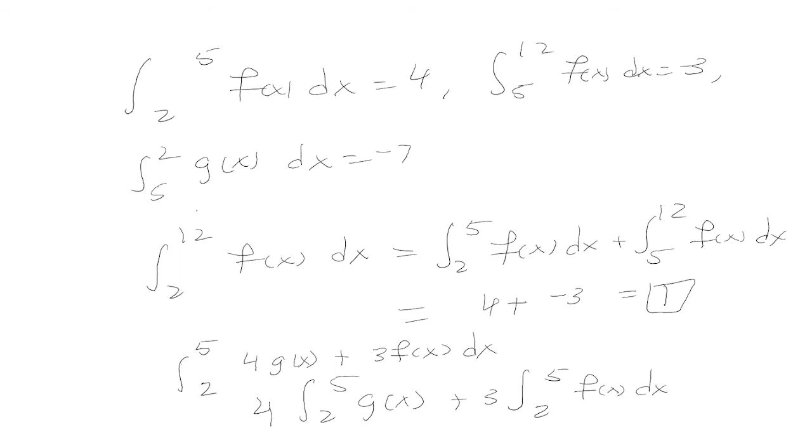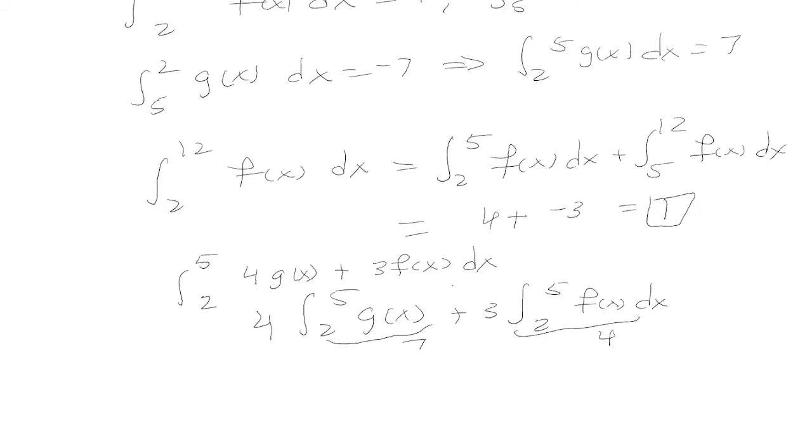We know the integral from 5 to 2 of g of x dx is negative 7. That means from 2 to 5, it has to be positive 7. So this thing is 7, and then this thing is given to us as 4. So it's just 4 times 7 plus 3 times 4. So 28 plus 12 is 40.